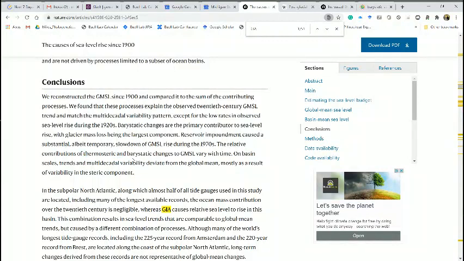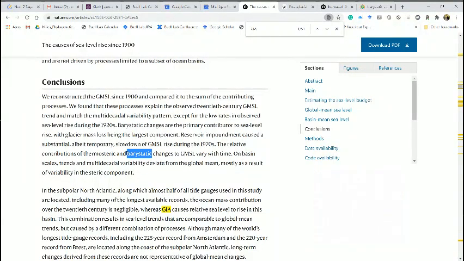I guess it would kind of make sense for barostatic changes, which are just ice melting into the ocean. You'd expect that over time, as more ice melts, there is less ice available to melt and contribute to sea level rise.